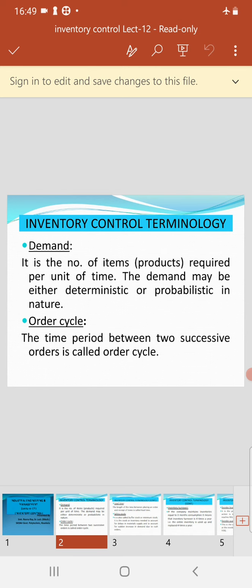But in the case of research organizations or defense organizations, the time required to complete an activity is not deterministic. One cannot easily determine the time required, so in that case we consider probabilistic time. What is the percentage of probability that the activity will be completed within these days?